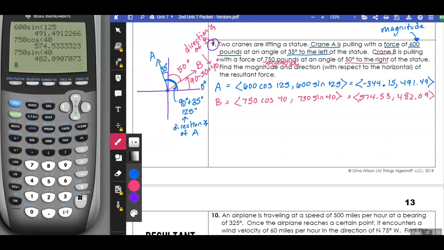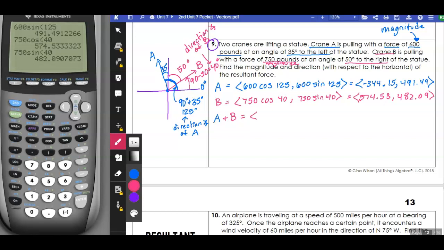Add them. Wonderful. So I'm going to add A plus B. And remember, when we're adding vectors together, we add the x values, or a terms, and we add the b values.